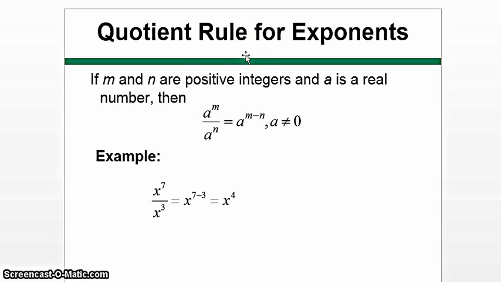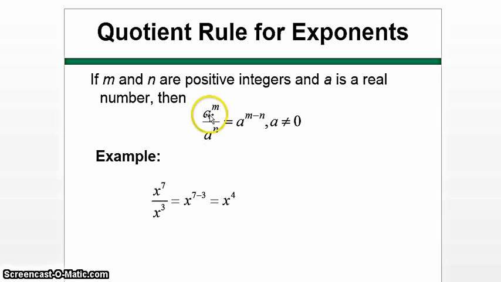Quotient rule for exponents. If m and n are positive integers and a is a real number, then a to the power m over a to the power n equals a to the power m minus n.